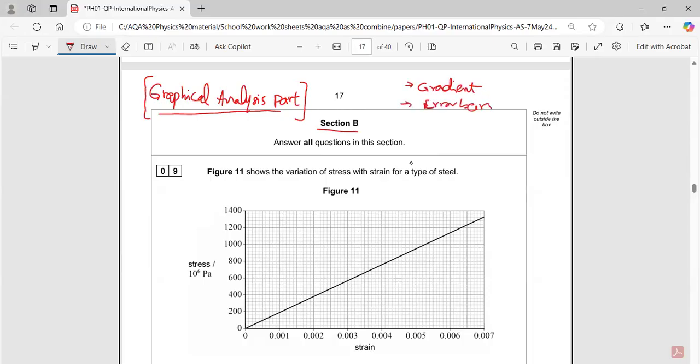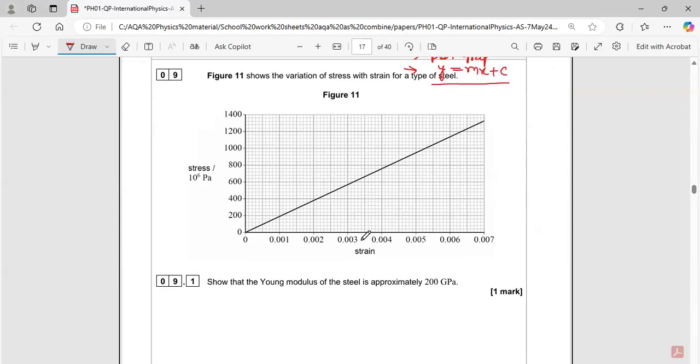And then through the error bars, you could be asked to find the absolute uncertainty in gradient or absolute uncertainty in y-intercept, or you can be asked to plot the graph as well. And the last thing is you can compare the given equation with y equals mx plus c to find some of the important quantities from the question. Okay, so these are the main things.